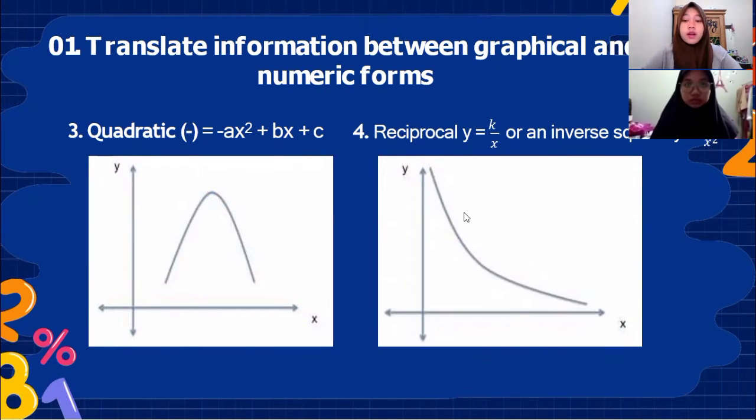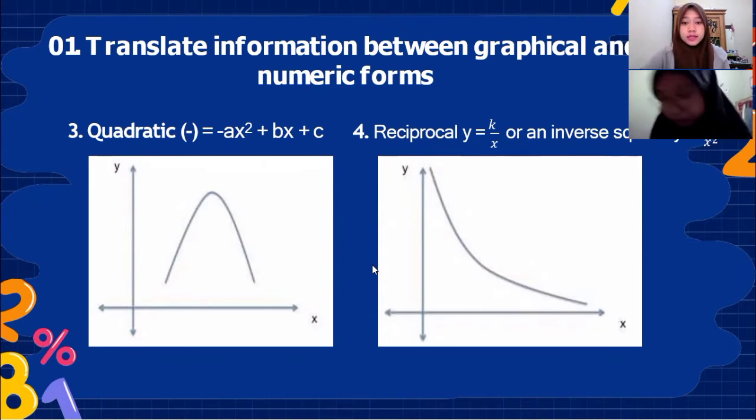Okay, there are other forms of the general graph. Here the equation is y equal to k per x, or the inverse square, y equal to k per x squared. Here is the form of the graph.